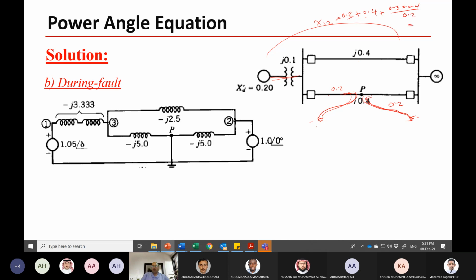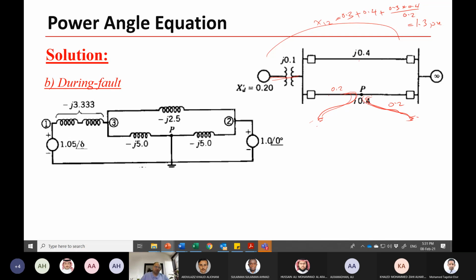So this X12 will be 1.3 per unit. So this is by Y-delta transformation, but this is for a very simple circuit, very simple configuration.